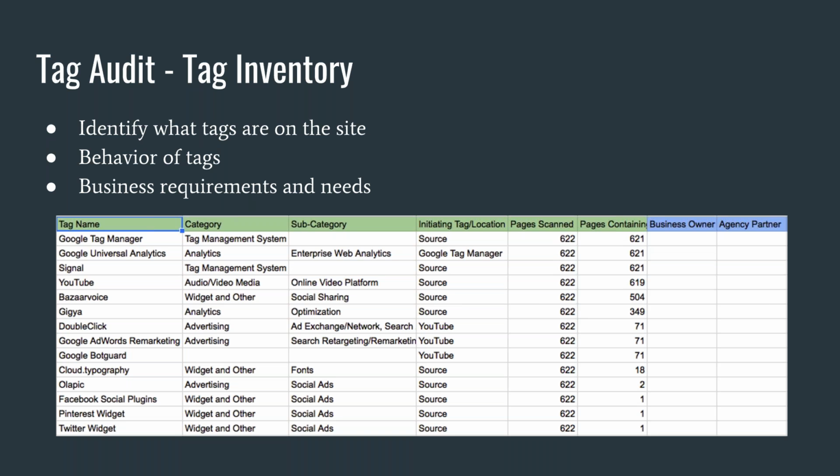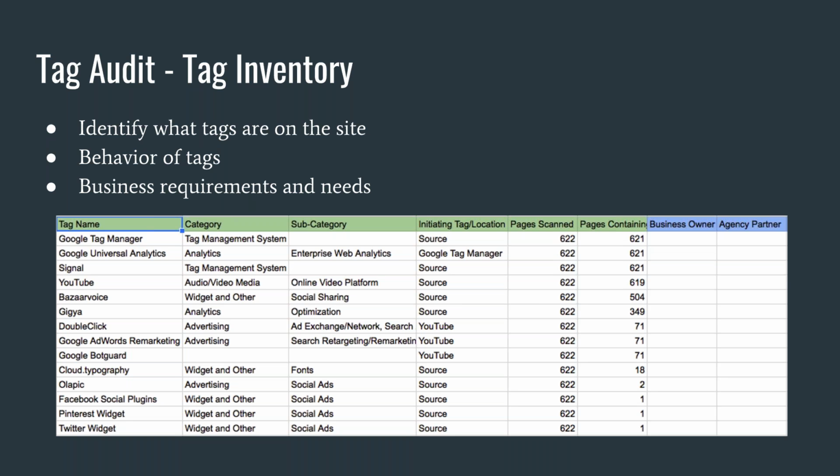The more we can know not only about the technical aspects of the tags, but also about who owns it, what is its purpose, who's using it on a day-to-day basis, it's going to make it so much easier when we get into the policy and we get into the architecture and the actual implementation phases, because we know who knows what should be happening for these different platforms.